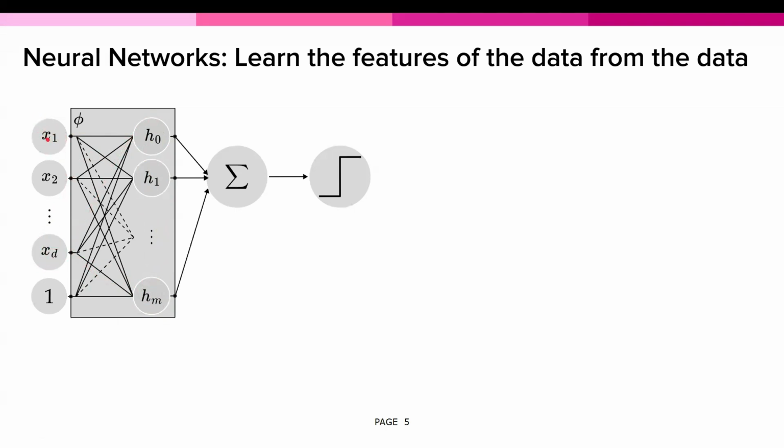So if we're considering this hidden unit h0, it's going to receive information from x1, from x2, from xD, and also a bias term. But these weights themselves, we're going to let them be trainable parameters. And the hidden units are going to represent a new feature space from which we can learn a linear weighting for our classifier.